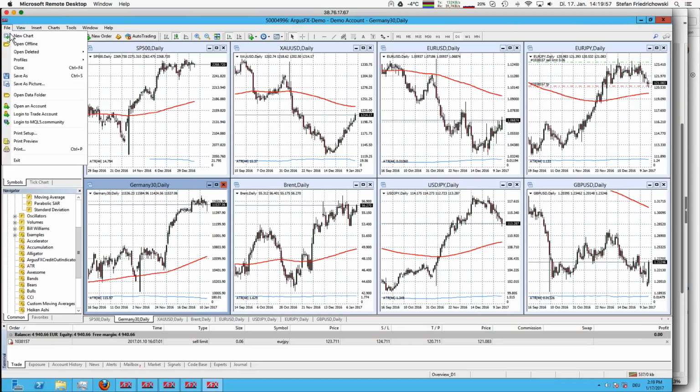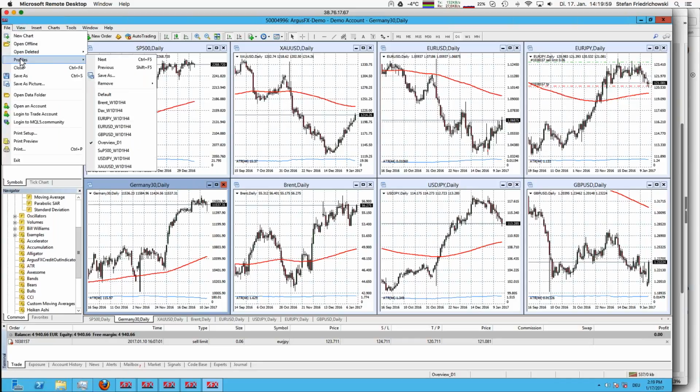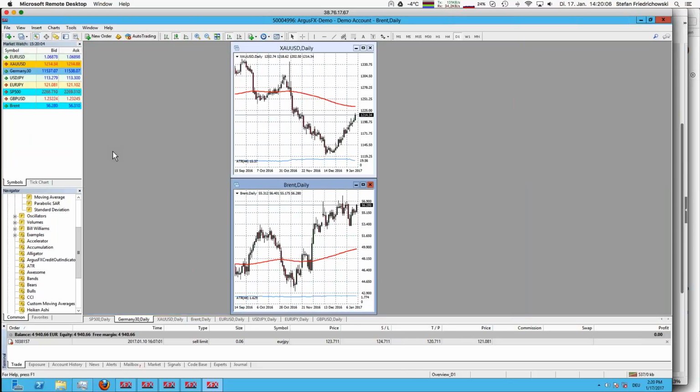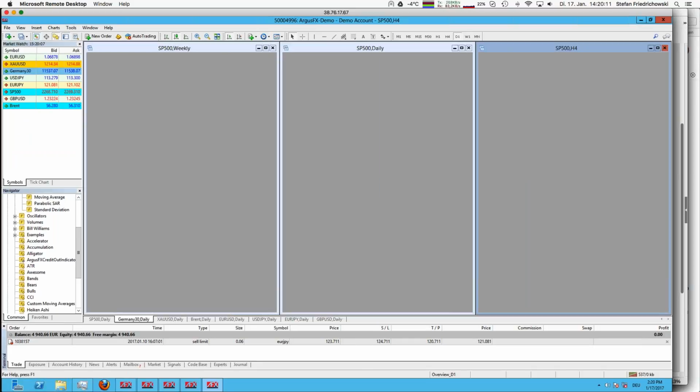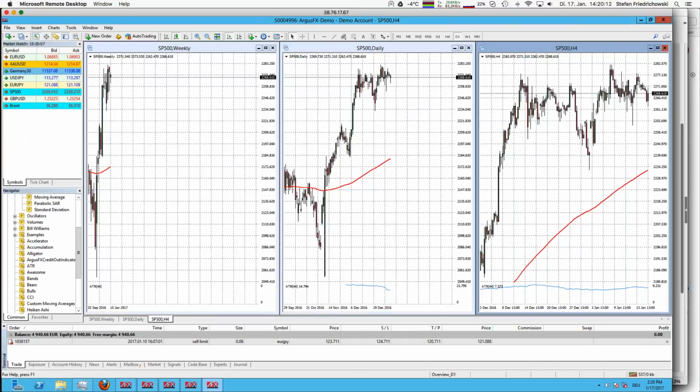And that profile is named, of course, S&P 500 weekly, daily H4. So we can use that profile, and we always have the same kind of charts, and that's good because it helps us to always have the same view.